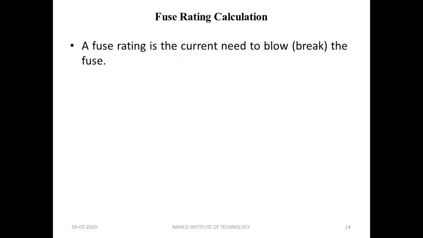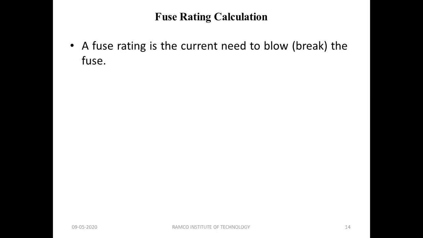Then fuse rating calculations, right? Fuse rating is very important; we cannot choose a fuse just like that, right? We should follow some norms, some calculations, right? See, the fuse rating is the current needed to blow out the fuse.